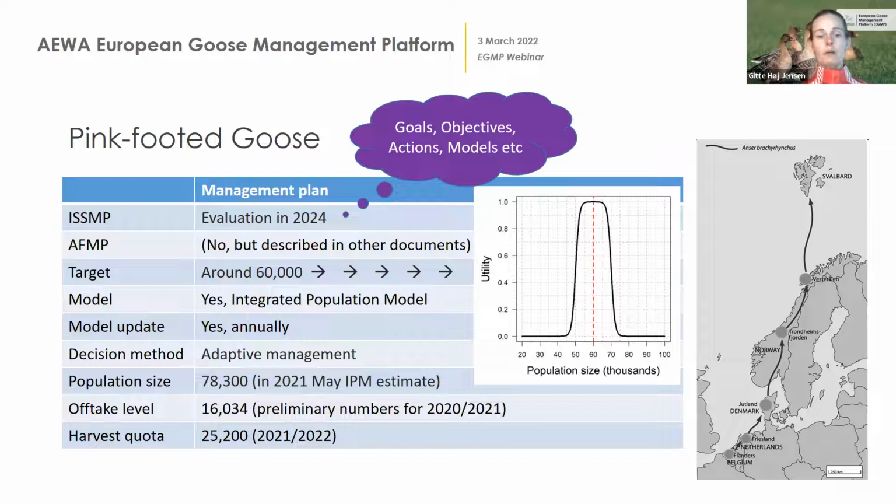The harvest quota, however, which was presented as the most optimal harvest quota in terms of reaching our objectives, was 25,000. But we haven't been able to reach that level. And it only means that it will take longer for the population to reach the population size target of around 60,000.